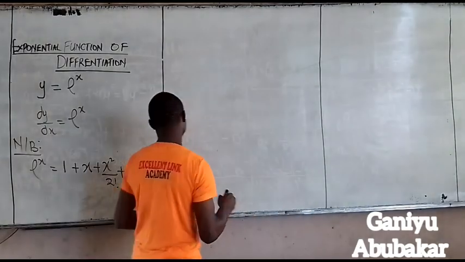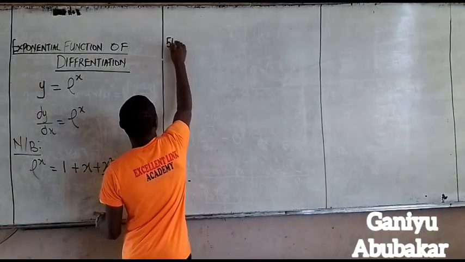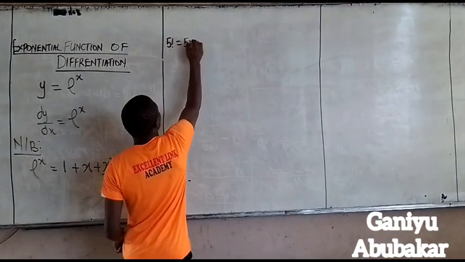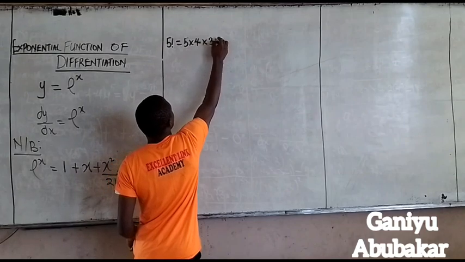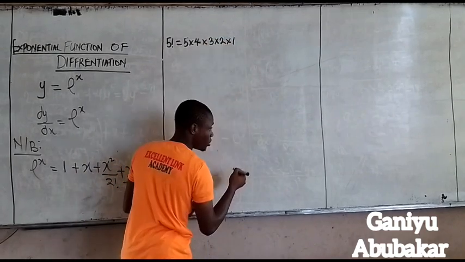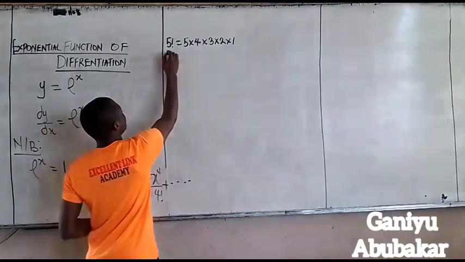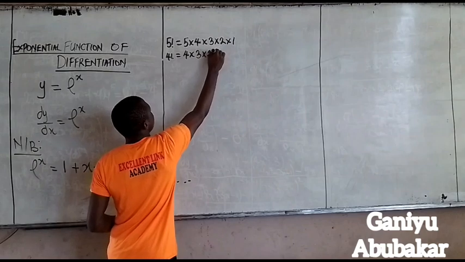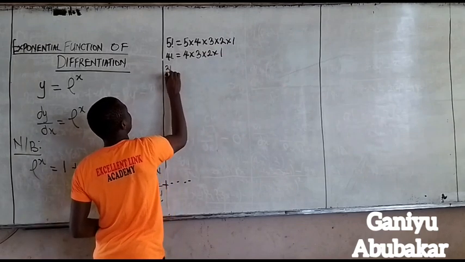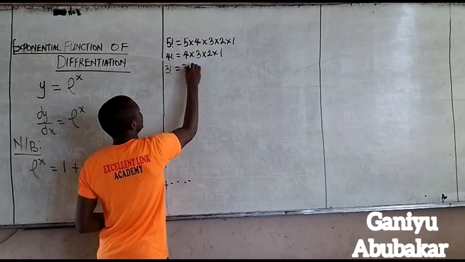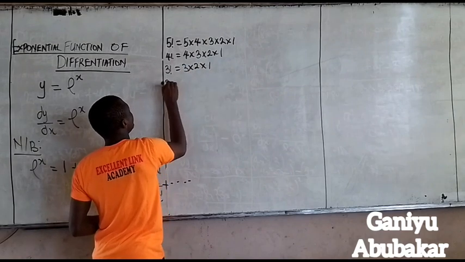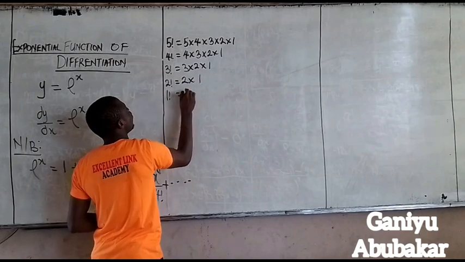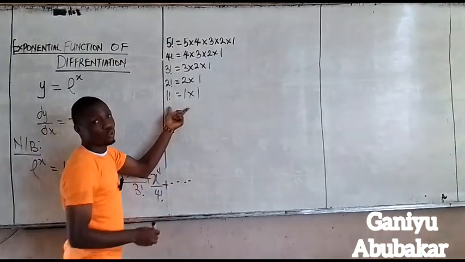For instance, 5 factorial is 5 times 4 times 3 times 2 times 1. 4 factorial is simply 4 times 3 times 2 times 1. 3 factorial is 3 times 2 times 1, 2 factorial is 2 times 1, and 1 factorial is 1 times 1. This is factorial.